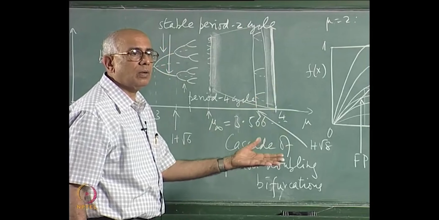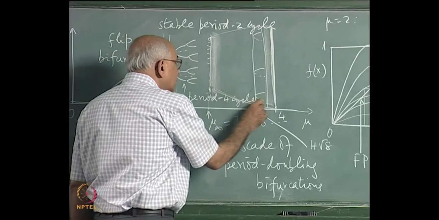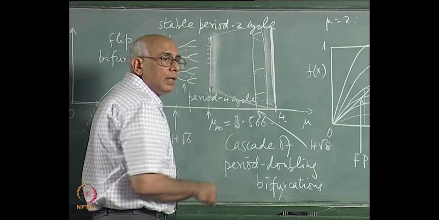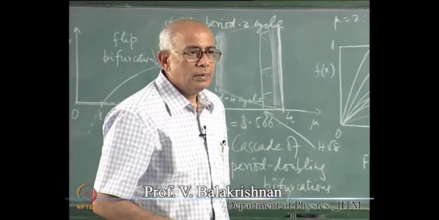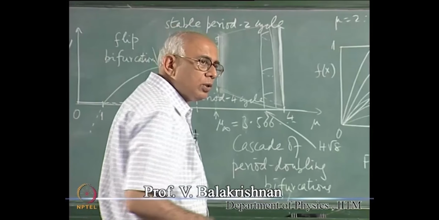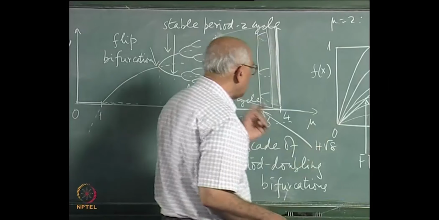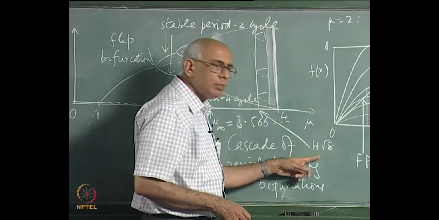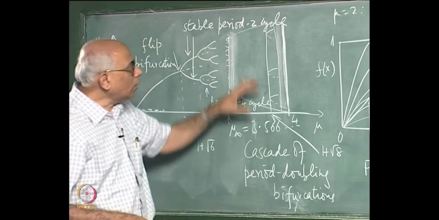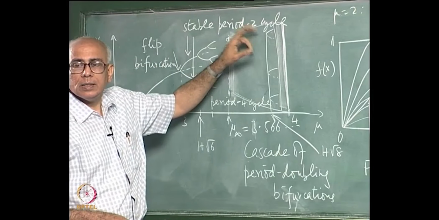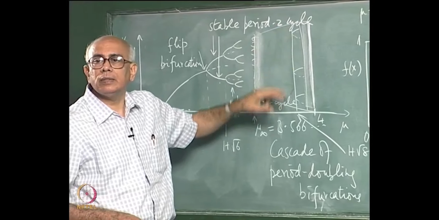The system becomes chaotic, but in between, in this chaotic region, it is interspersed with periodic motion, and the very last of these periodic windows happens at 1 plus root 8 as a value of mu, when the chaotic attractor disappears and the system falls into a stable period 3 cycle.